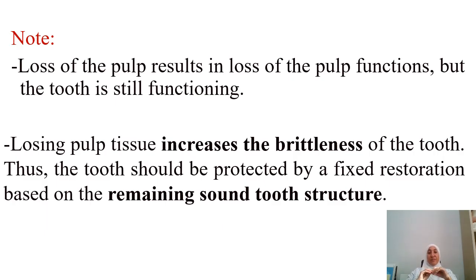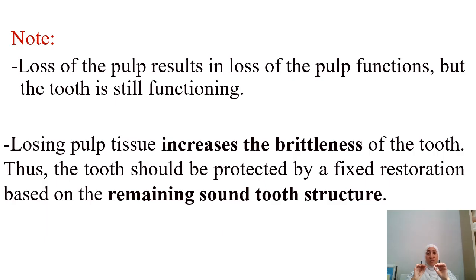We have a very important note: the loss of pulp results in loss of pulp function, but never in losing the tooth function. The tooth still exists and can still work, but pay attention that removal of the pulpal tissue will increase the brittleness of the tooth. As we remove the vitality, the tooth becomes brittle.